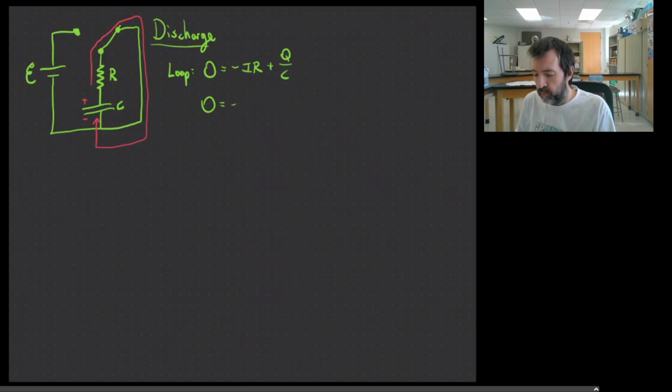What I'm going to do is replace the I. Remember that current is a flow of charge, so there's a relationship between I and Q. This part is a little bit non-intuitive, but I need a minus sign here.